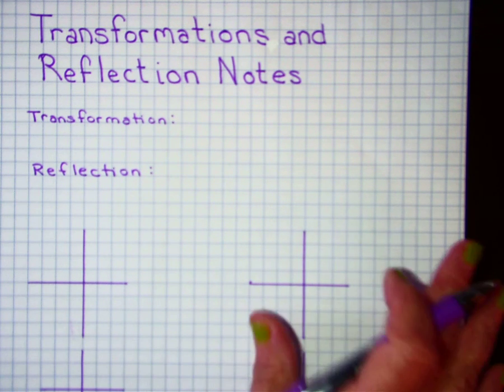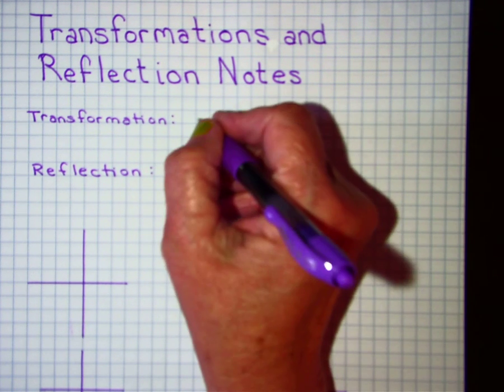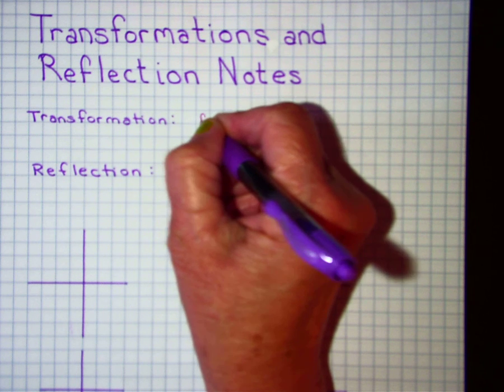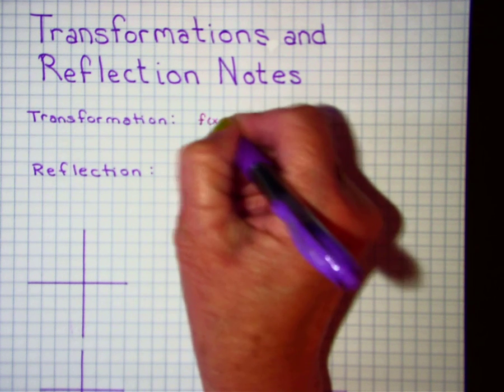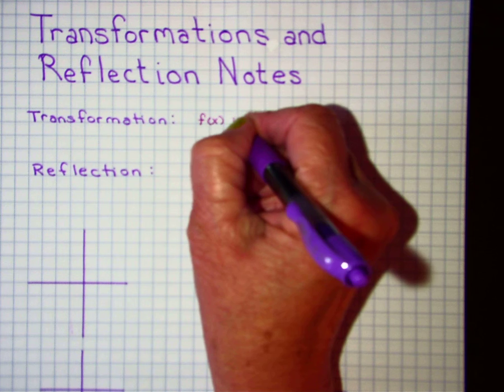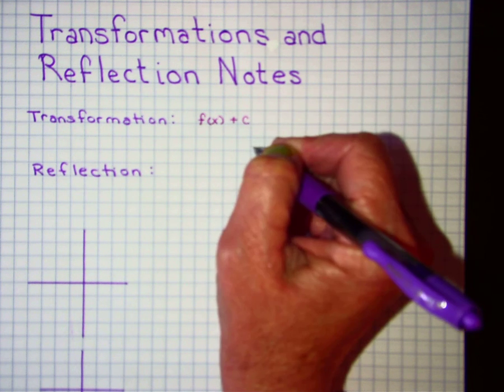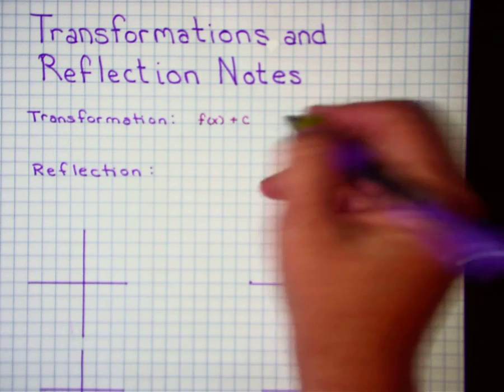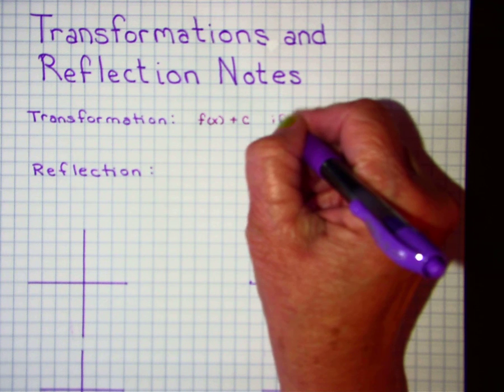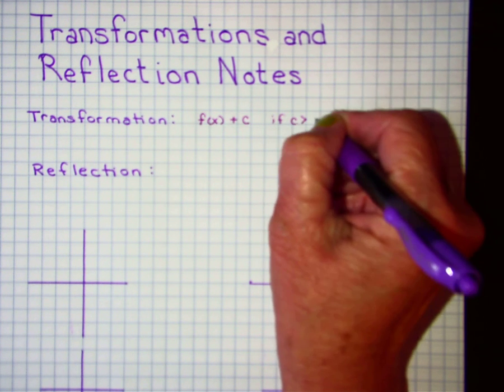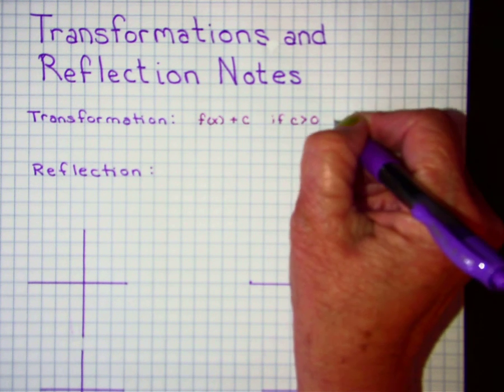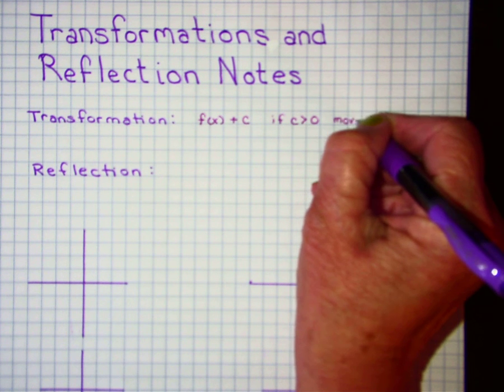So when we're looking at a transformation, we'll start with a function f of x, and this can be any function. If we add a constant, f of x plus c, and c is greater than 0, it will move the function up.